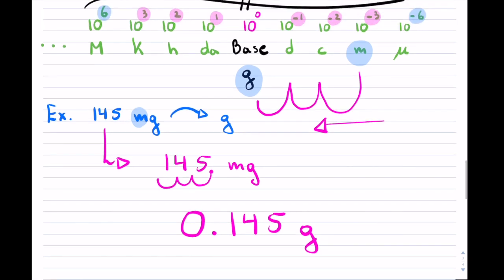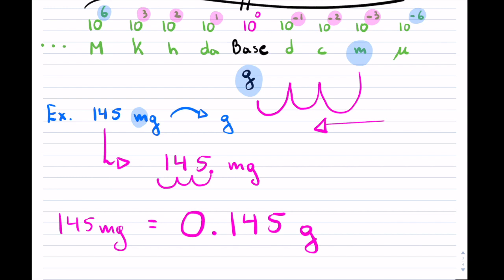And that is because you've jumped 3 decimal places to the left. So 145 milligrams is equal to 0.145 grams. So that's one example of how to use the table.